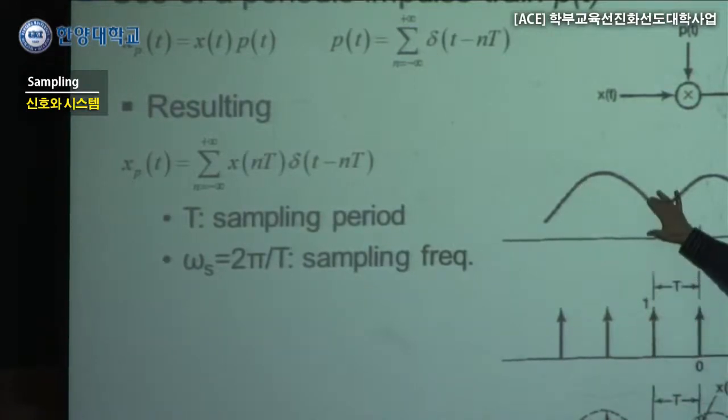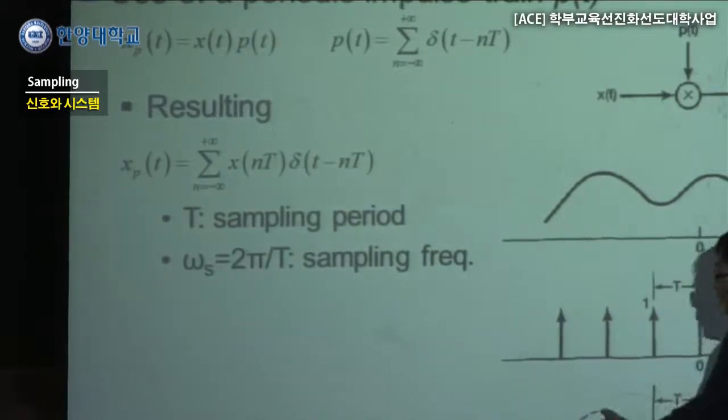This one is multiplied by this, which gives the same amplitude as this, and displayed here at the same time as this. So once those two are multiplied, they are shown as arrows like that, following the amplitude of this continuous time signal, equally spaced by T. So one way we can do the sampling is to simply multiply by an impulse train. That's a systematic way we can do that.